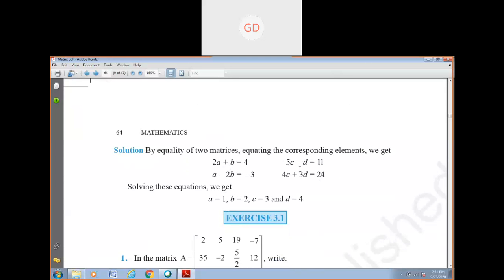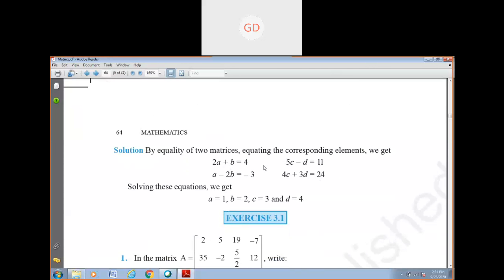And similarly, c, d are here, and in this equation also consists of two unknowns, c and d. So we can solve these two equations for c and d. So thus we can have all the unknowns a, b, c and d from these relations.